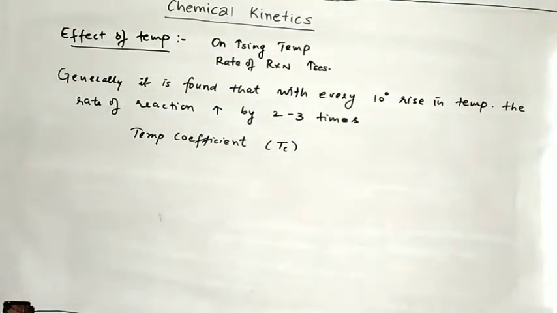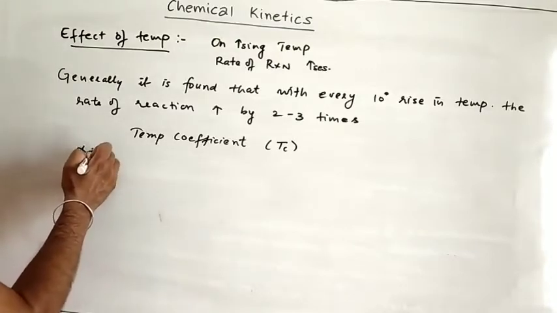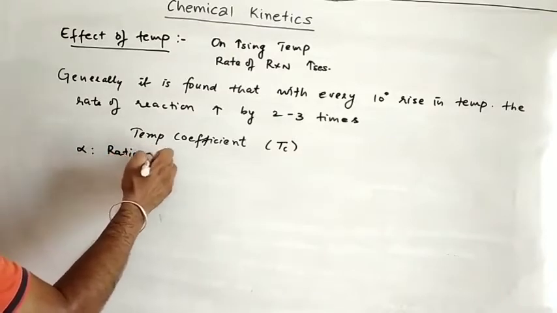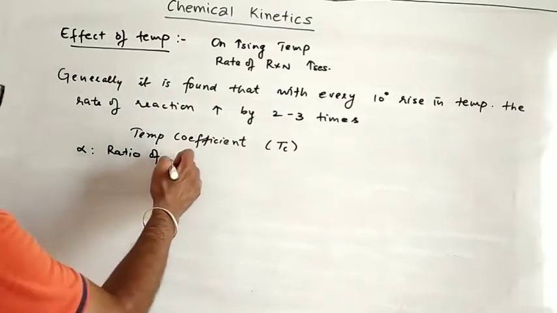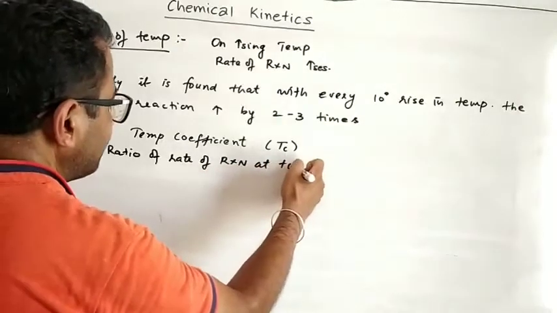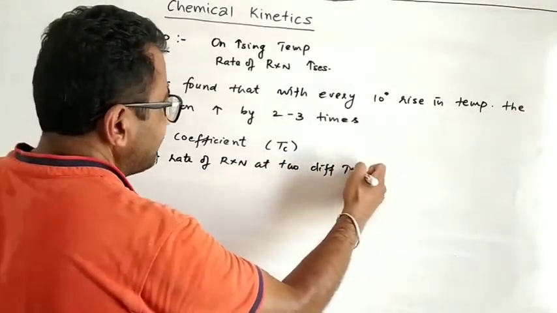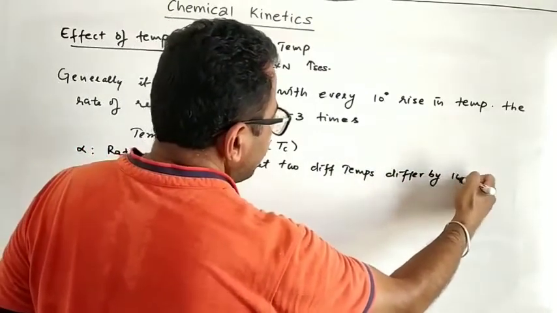So what is temperature coefficient? It is defined by alpha and defined as the ratio of rate of reaction at two different temperatures differing by 10 degree.